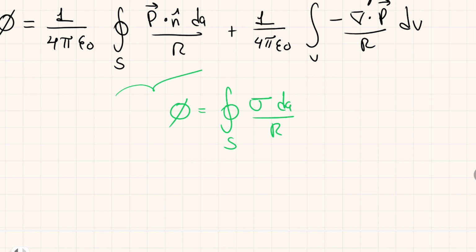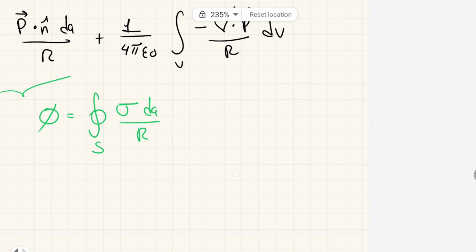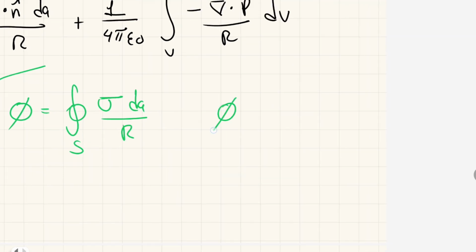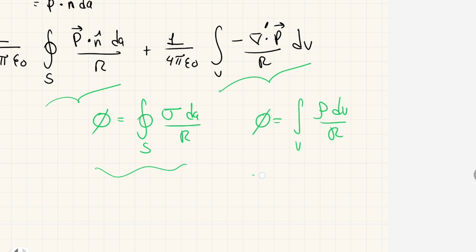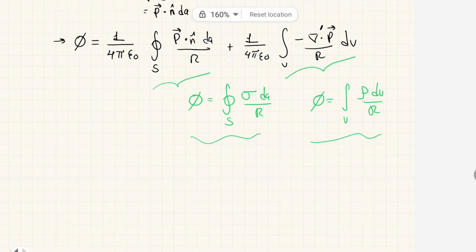Okay, so this will be like a surface contribution to the electric potential. And in the case of a volume distribution, we know that the electric potential is the volume integral of some distribution of electric charges in the volume times dV over r. Okay, so we see easily that these two integrals have a very similar form to these expressions here.